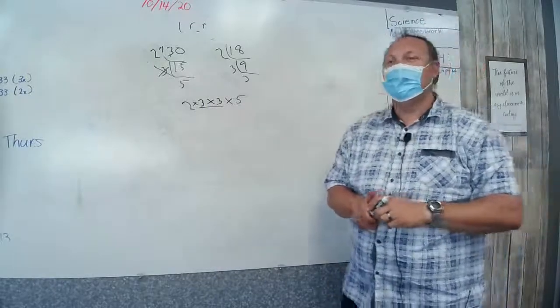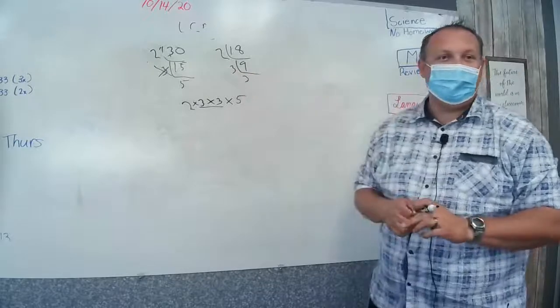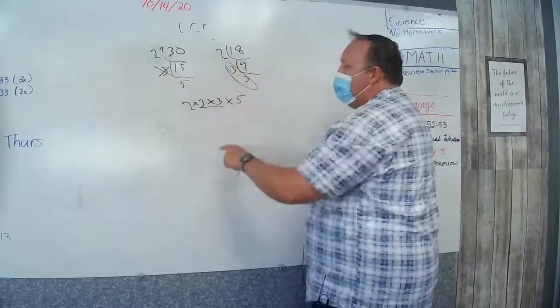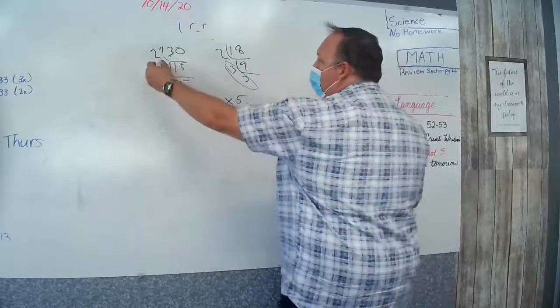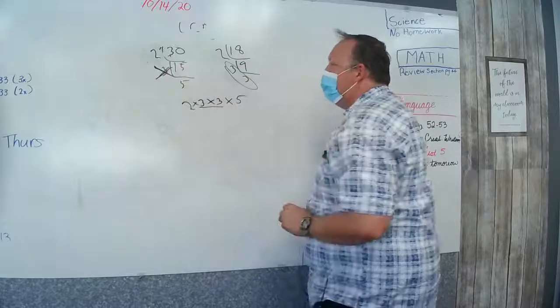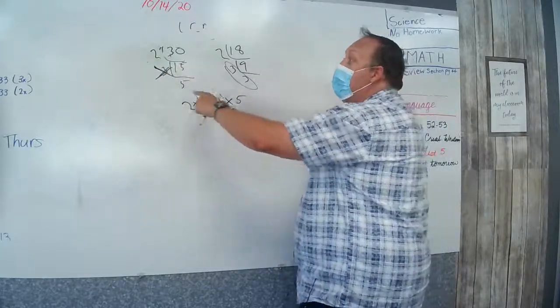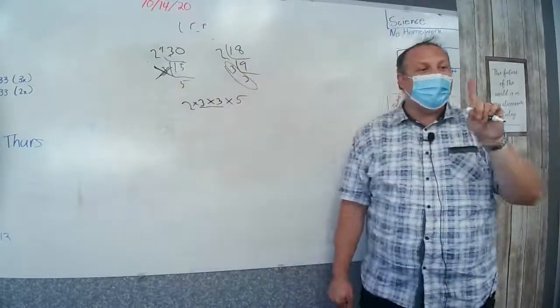Now, if I have 18 right here, I have 2, 3, and 3, right? I'm still using my 3s twice, right? So I still have my 3s right here, which means I don't have to use this one. I have to use the 5, but I'm left with two 2s. I only need to use one of them.